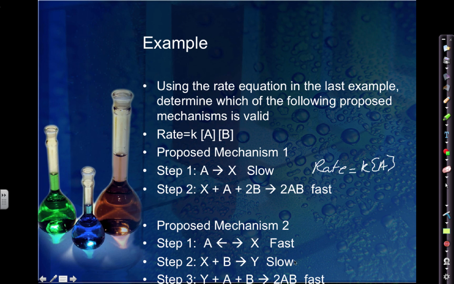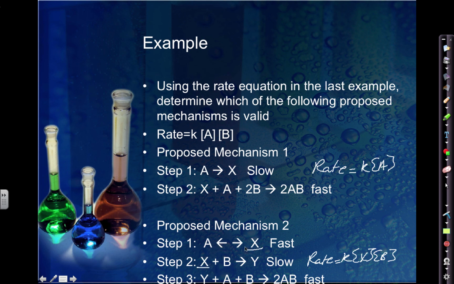Okay, the slow reaction here is this. So my rate in this case would be equal to K times the concentration of X times B to the first power. Well, it almost matches, except for this X right here. Well, if I look at the actual mechanism, X is an intermediate.